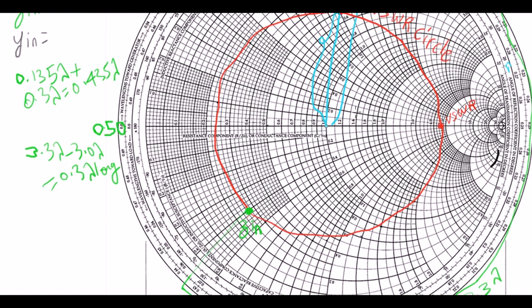You need the resistance component, which would be approximately, if you draw it through the curve, about 0.24.